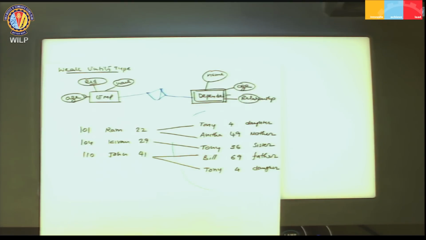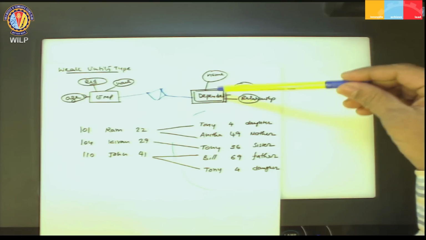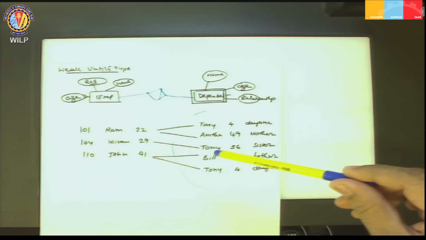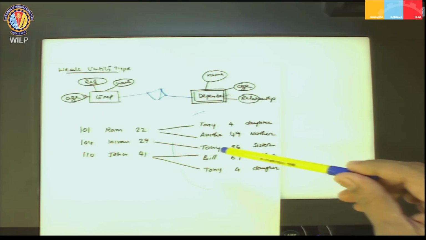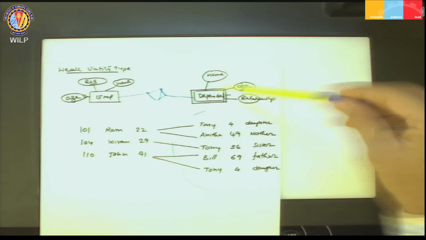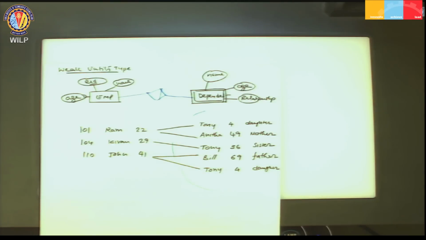So how can we impart unique identification for the entities in the weak entity type? Only when it is involved in some relationship or association with the strong entity will it get its unique identification. So weak entities will not have any individual existence. They will always depend on some entity in the strong entity type or strong entity set.